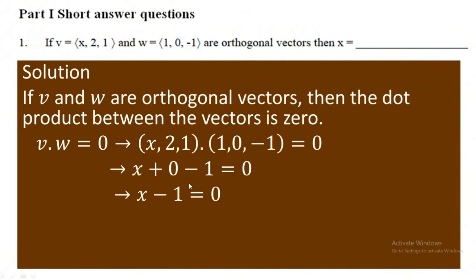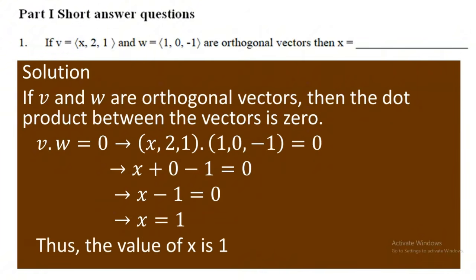And this makes x minus 1 equal 0, students. And from this, what follows is x is equal to 1, right? So it is when x is 1 that the two vectors are going to be orthogonal.